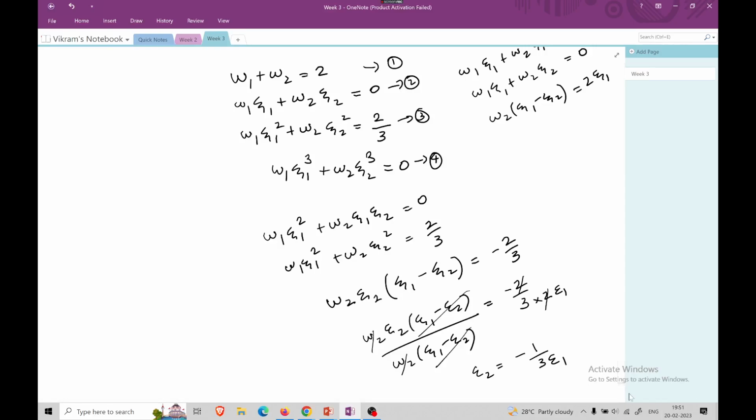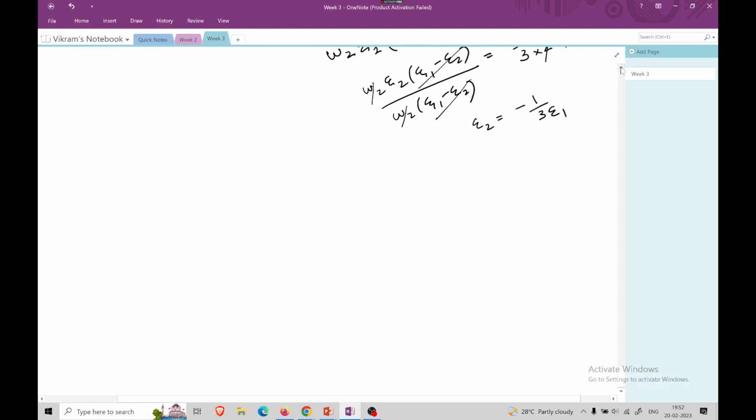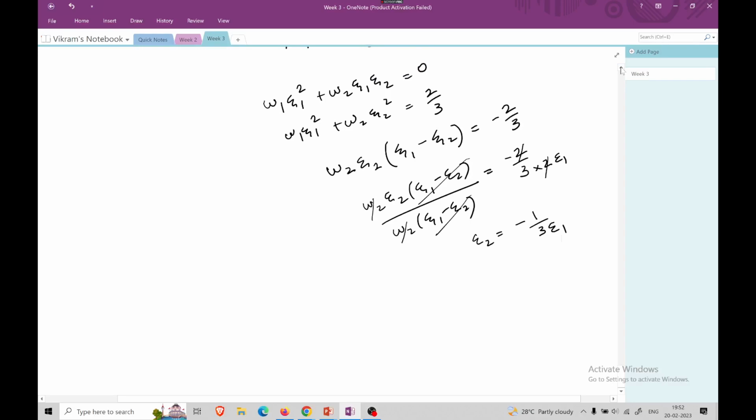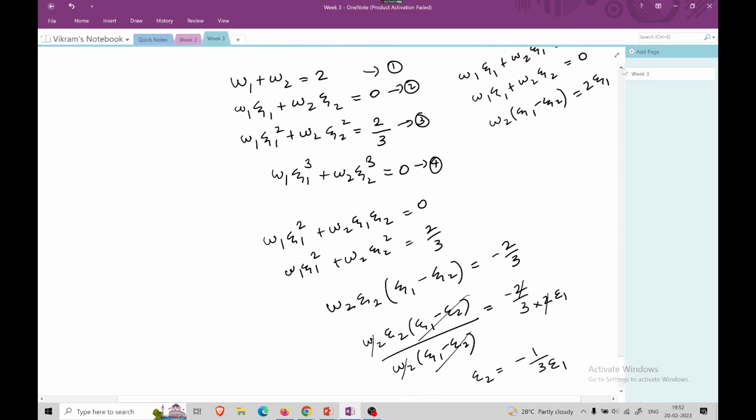Okay. So which means I got a relation between epsilon 2 and epsilon 1. So which means 3 epsilon 1 epsilon 2 is equal to minus 1. So I am substituting this in third equation, W1 epsilon 1 square plus W2 into, okay, not third equation, rather I will substitute in fourth equation.